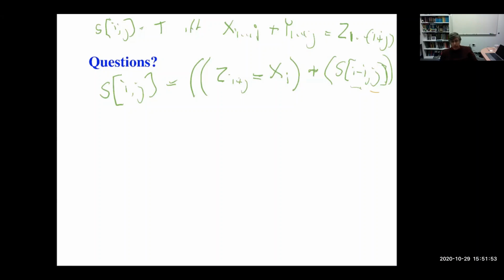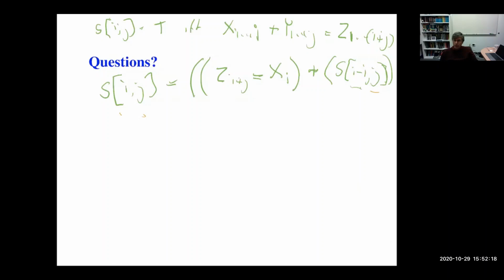If I'm going to shuffle the first two strings to get z, the last character of z is either the last character of the first string, x, or it's the last character of the second string. This gives me a way to tell if it's the last character of the second string, right?